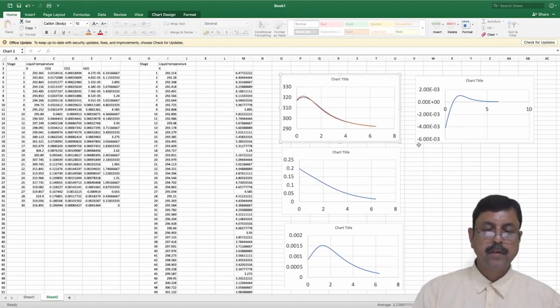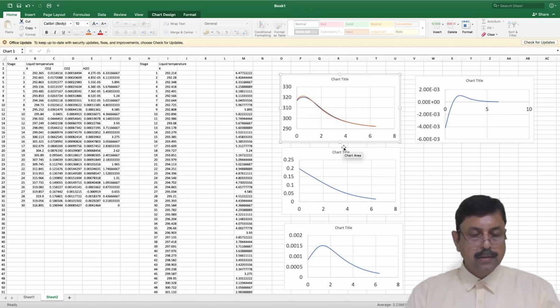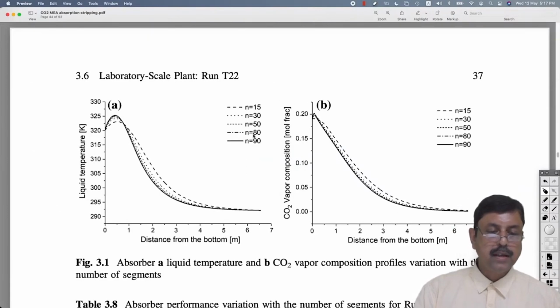Okay. So you can see the new line, red line, it has gone up. Similar trend is observed over here. For 30, it is somewhere here, but for 90, it is going up.